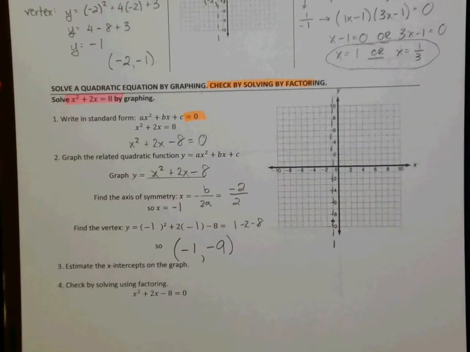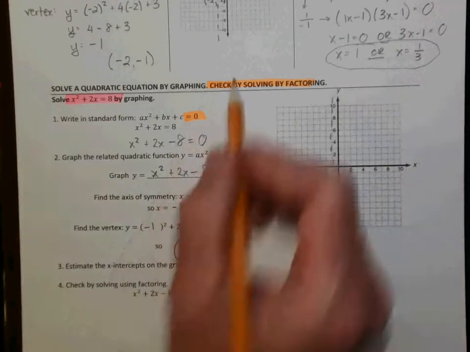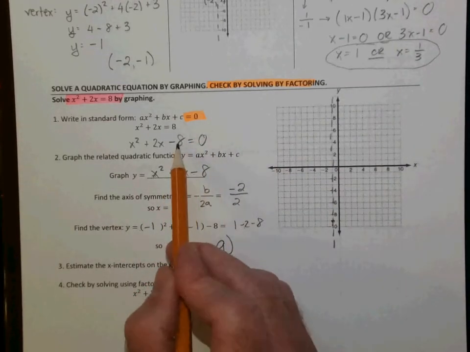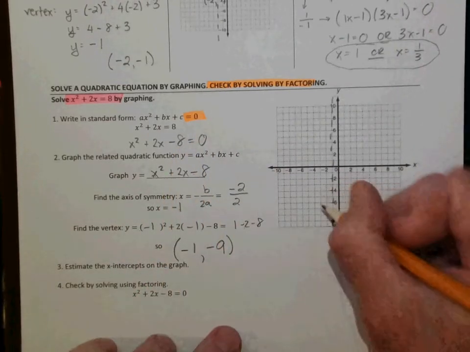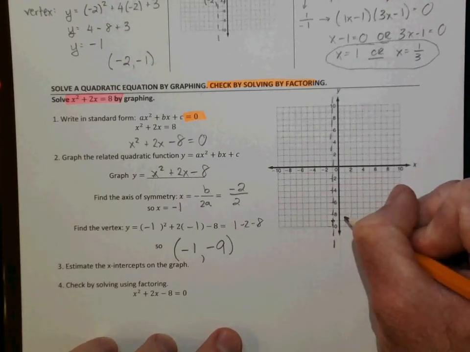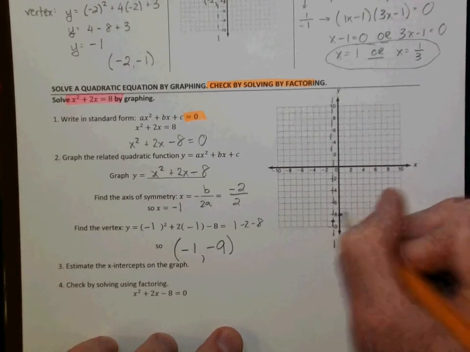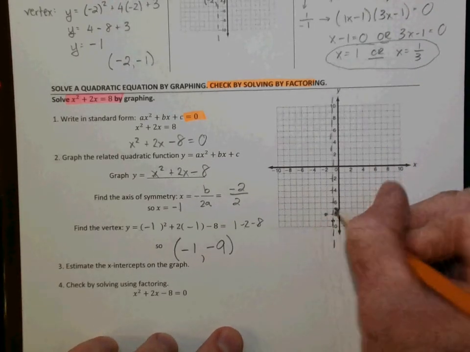Okay, so now we're going to estimate the x-intercepts. I'm also just going to quickly note, my c here is negative 8, so that tells me that my y-intercept is negative 8. And so I can plot another point here.